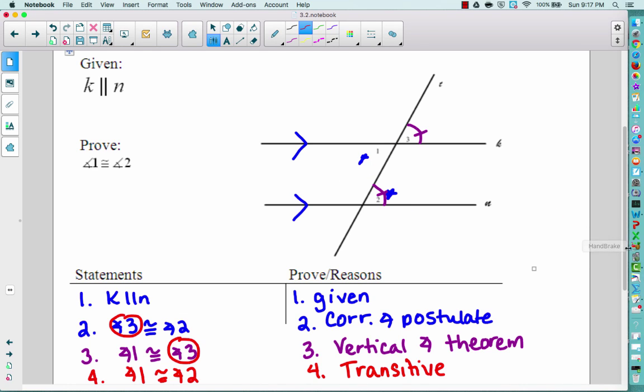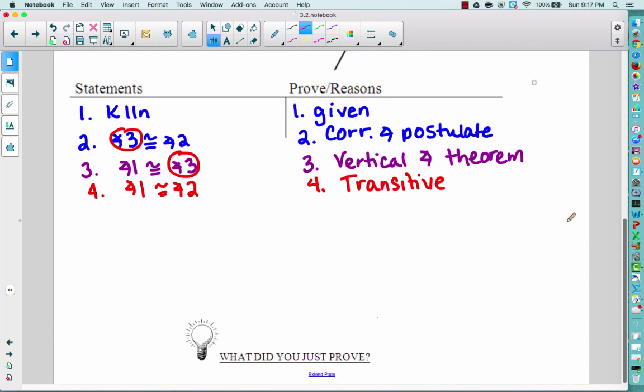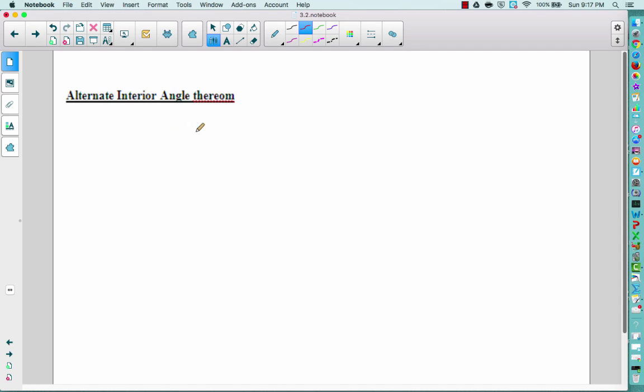And what you guys just proved was the alternate interior angle theorem. Okay, what did you just prove? You just proved the alternate interior angle theorem.